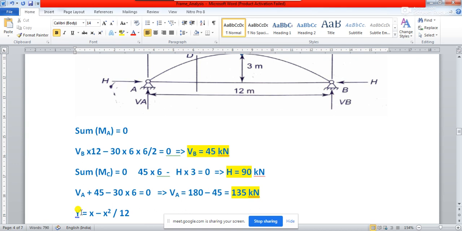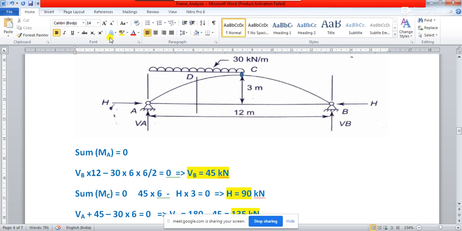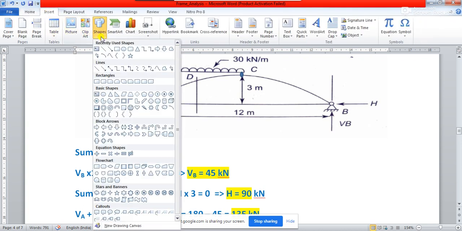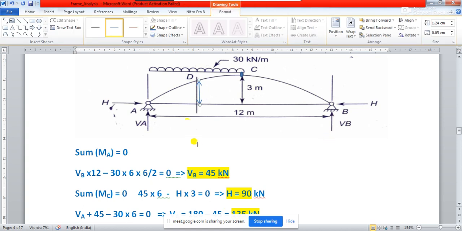If you put the value of x as 3, then how much will be the value of y? That's all you will have to find out. Then you will get the distance or the height of this. You are going to get the distance from here to here, isn't it?